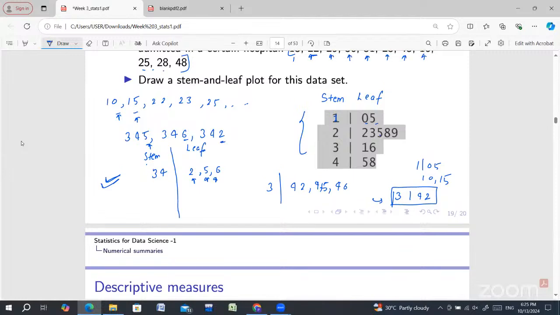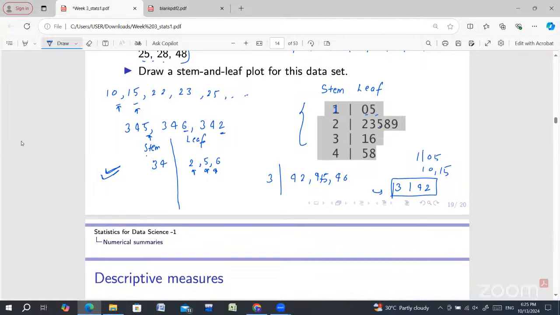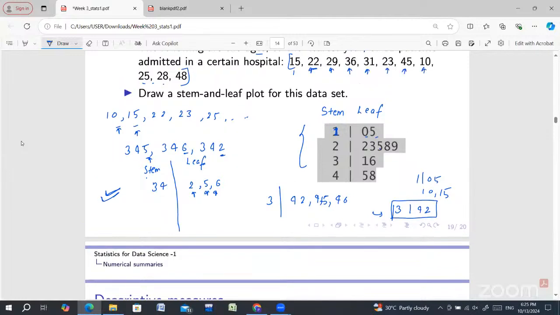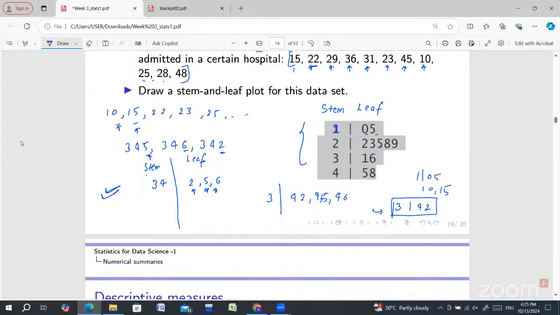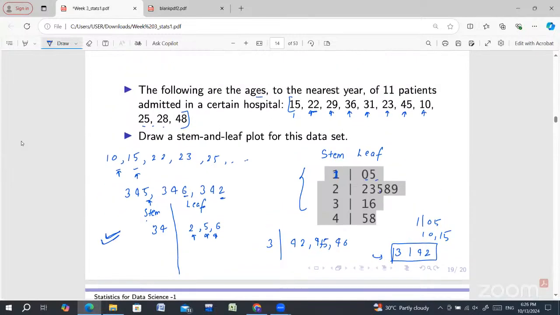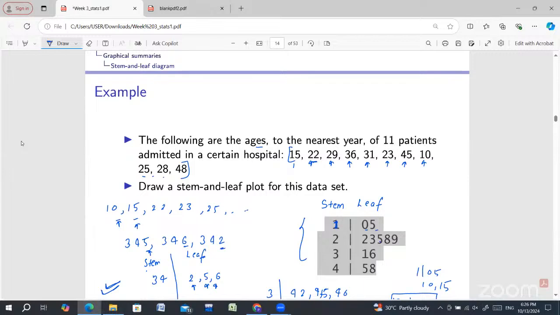We can do it, this is just to give you an idea. You can perform anything on that data. If you want to find mean, median, mode, you can definitely find it. This plot is just to represent the data.